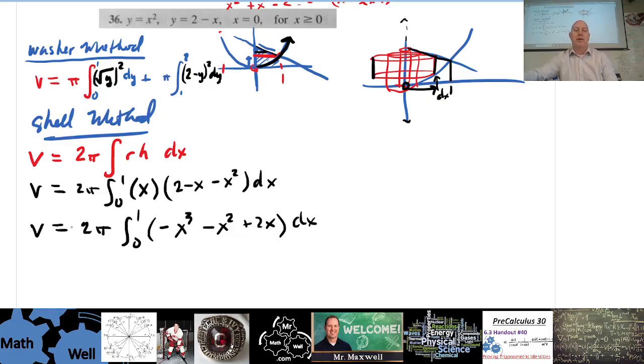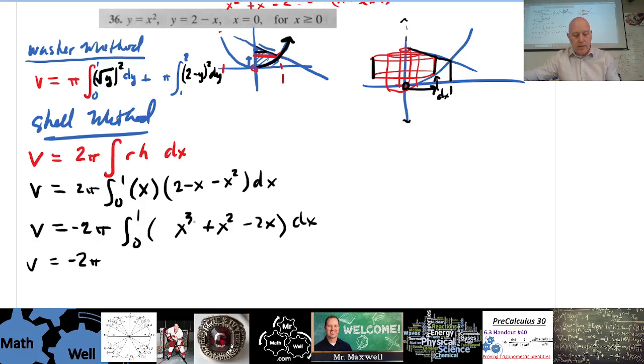Might be easier if you want to put the negative out front here. This becomes a positive, that becomes a positive, that becomes a negative. If you have to do the integrating by hand, which you will have to for some things, it might be easier to start with that, with fewer negatives. So we can take a negative pi out there.